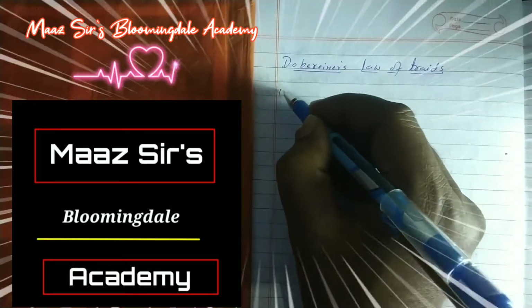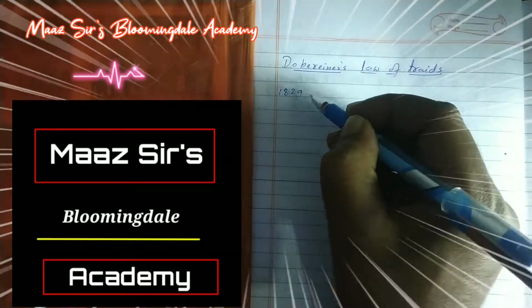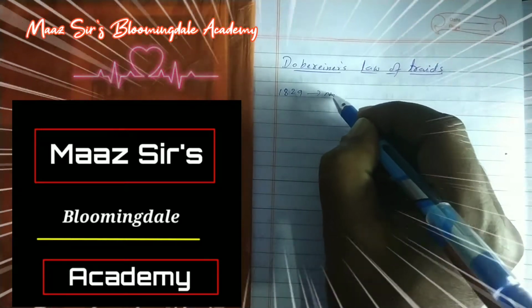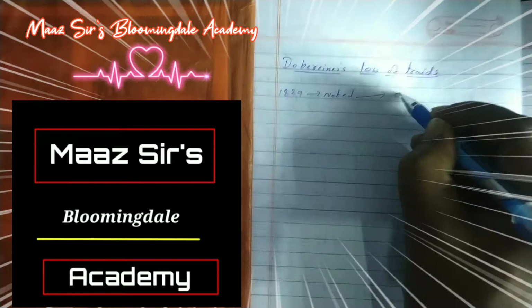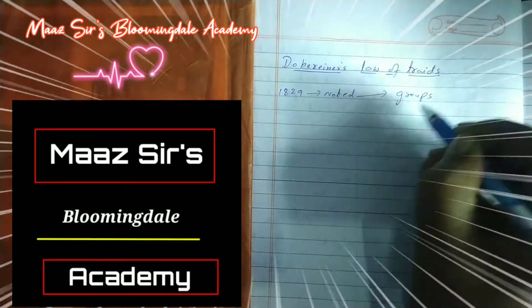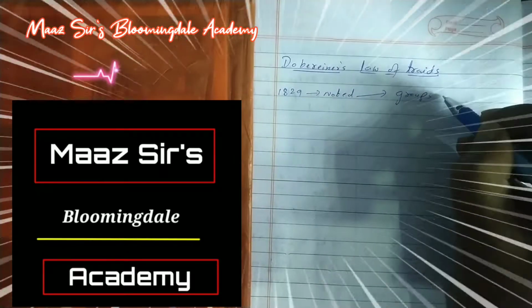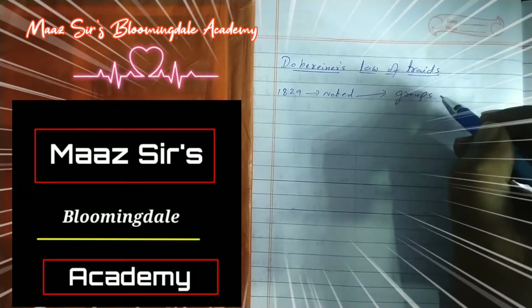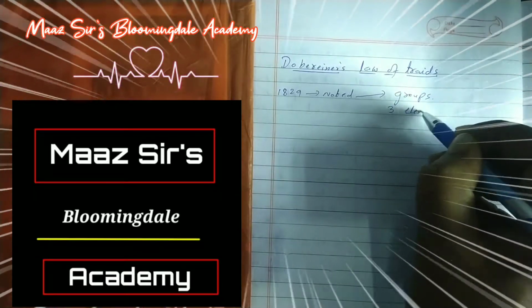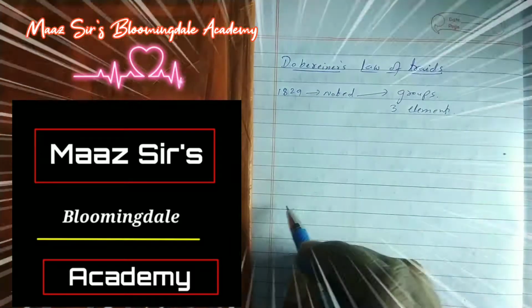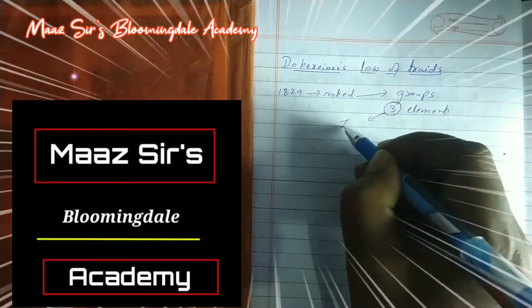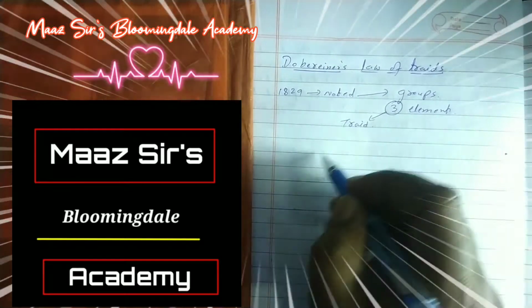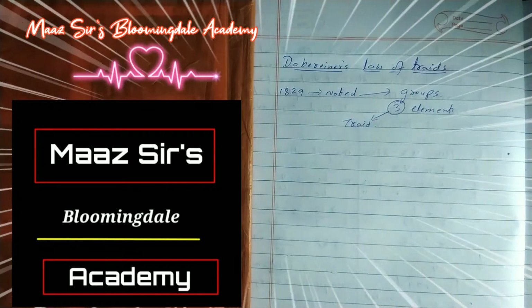In 1829, he noted all the elements present and arranged them into groups. These groups consisted of 3 elements. So 3 means triad. He arranged the elements in groups of 3.